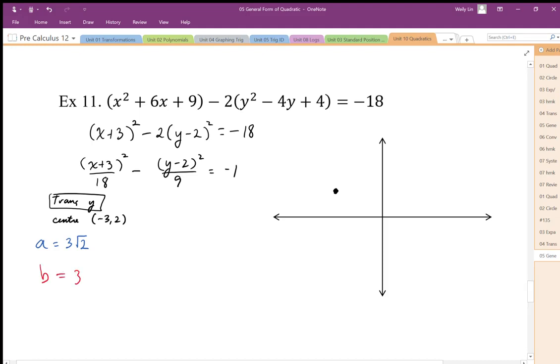Along the y, I go up 3, down 3, so this is going to be down about to here, up here. I'm going to label those coordinates: negative 3, positive 5, and negative 3, negative 1. Those are my vertex points.